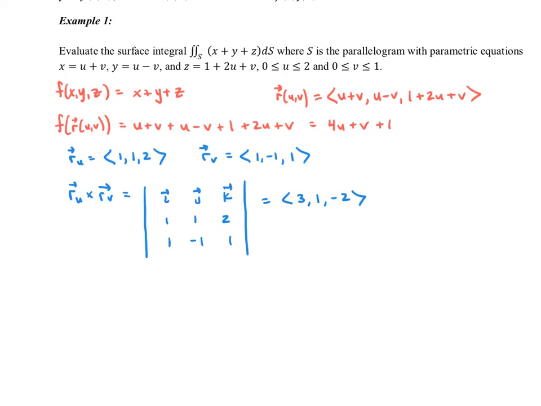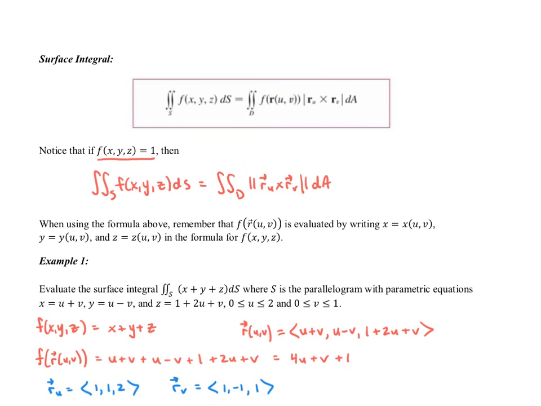Then what we'll need to do is take the magnitude of that, which is going to be the square root of 9 plus 1 plus 4, so we get the square root of 14. So that element that we just found in our formula will be this portion of the integrand.